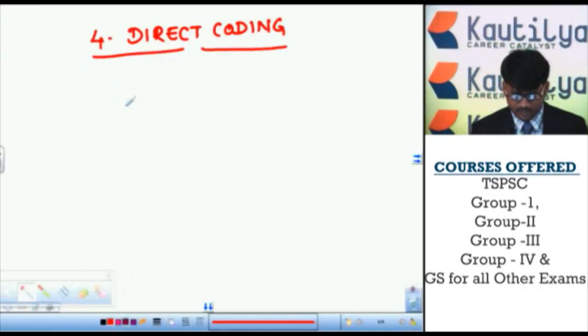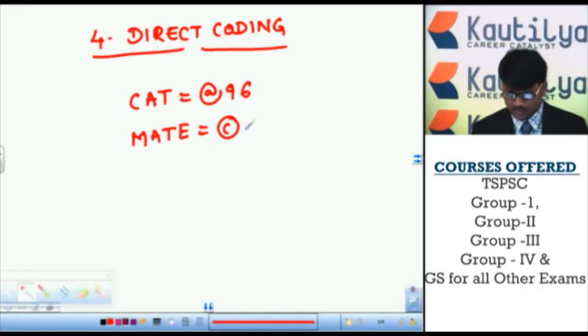For example, cat is coded as @, 9 and 6. In the same manner, mate is coded as copyright, 9, 6 and dollar symbol.